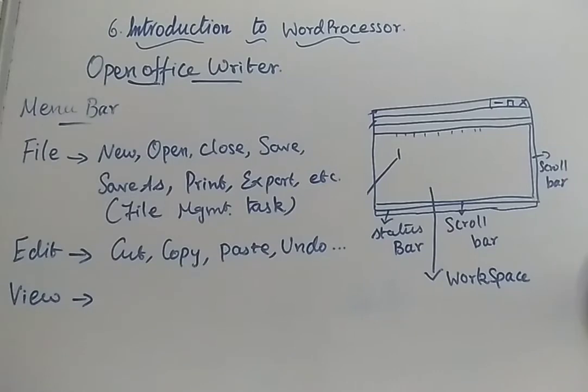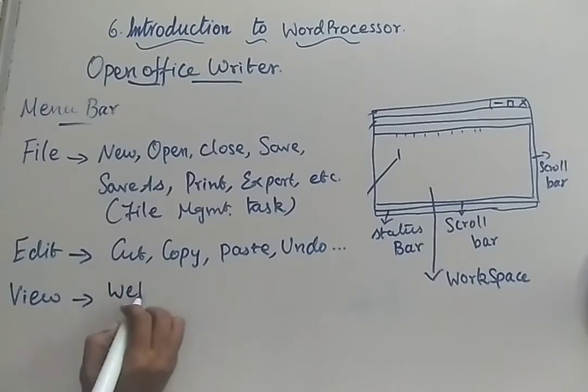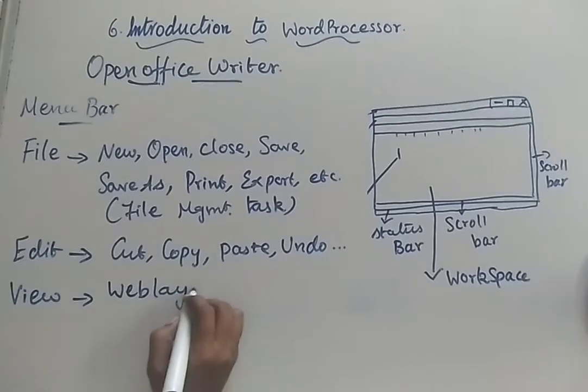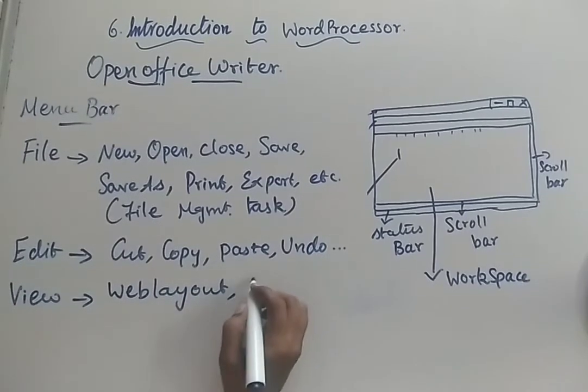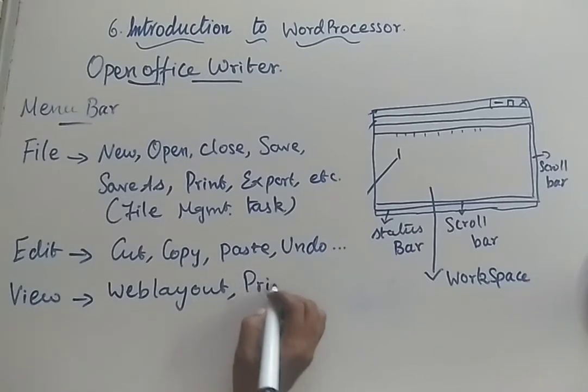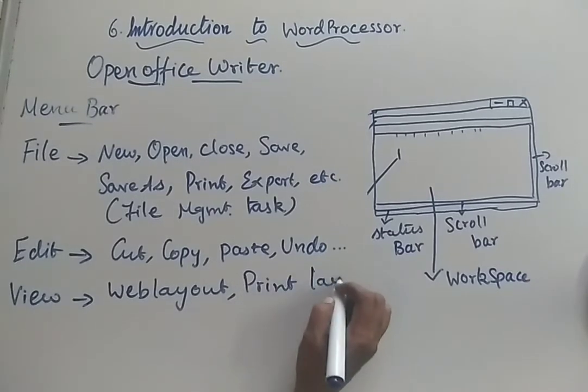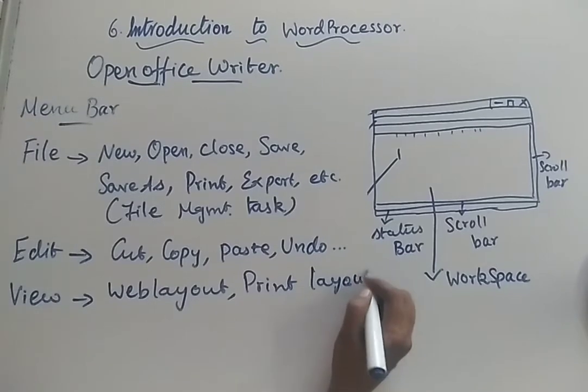Or if you want to see the layout, how your document will look after typing everything, before having your printout, you can click this view menu. Under that you will have web layout, next print layout, and many are available under view for you.